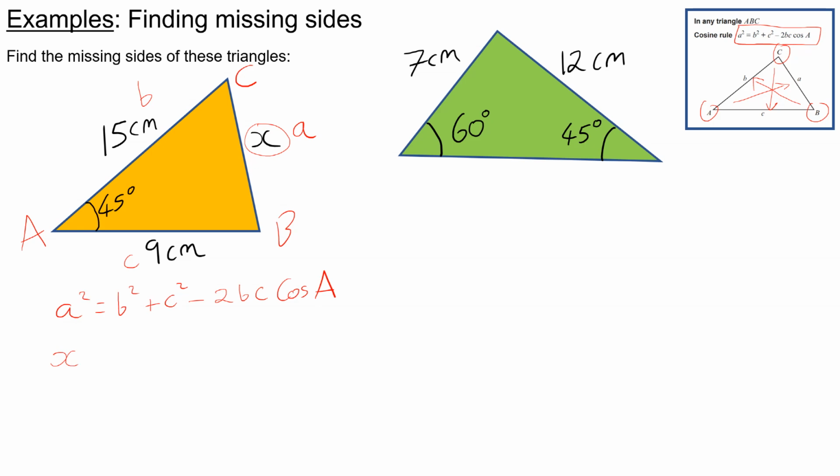So a is x, so we have x squared equals b squared, which is 15 squared, plus 9 squared, take away 2 times 15 times 9 times cosine 45. So we can substitute this into our calculator.